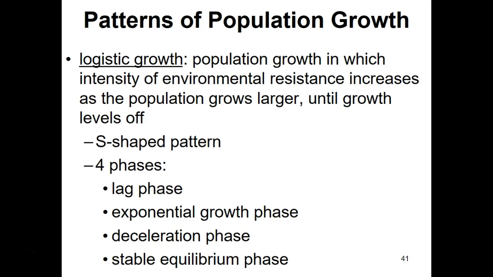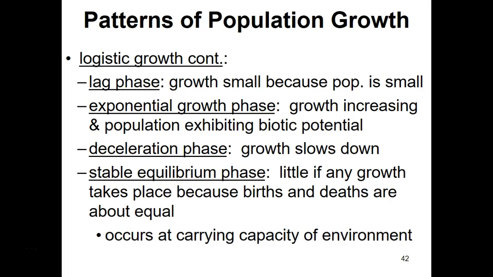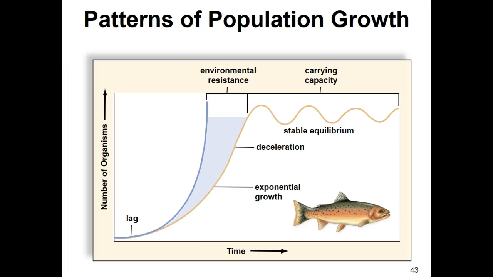So what we typically see is more of an S-shaped pattern, where you have lag, log, and then a deceleration phase, and you hit an equilibrium. And so here we can see that. Here we have again that lag phase where you have organisms introduced into a population.